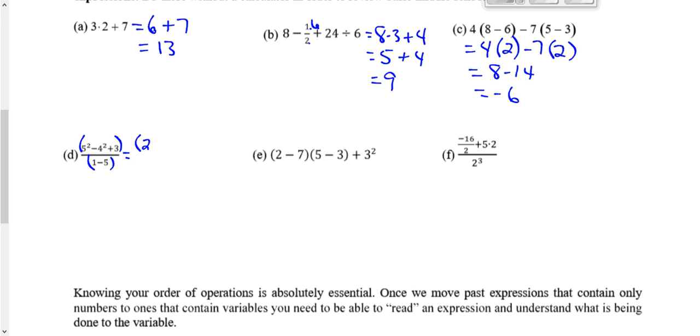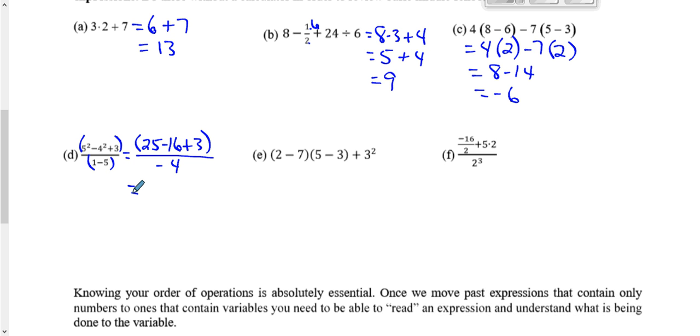25. 25 minus what? 4 squared. 16 plus 3 over what? What's 1 minus 5? Negative 4. And again, you're not required to put the parentheses there. I'm doing it to emphasize the point, okay? All right. So now let's take care of this addition and subtraction from left to right in the top. 25 minus 16 plus 3.